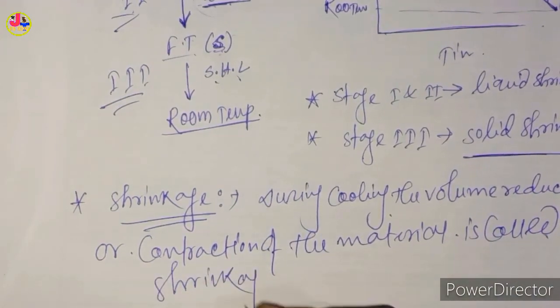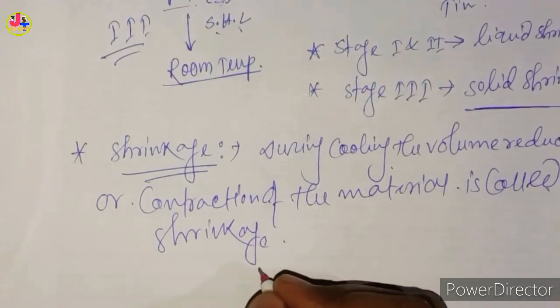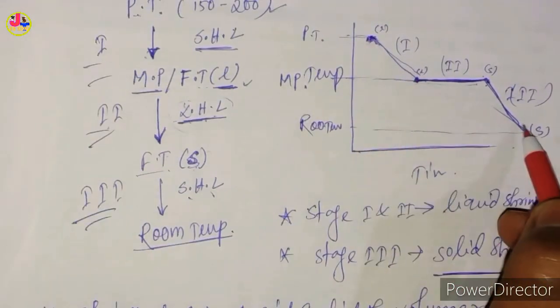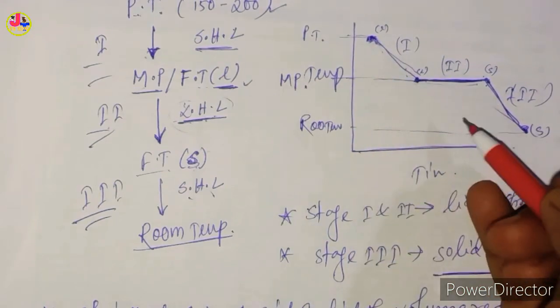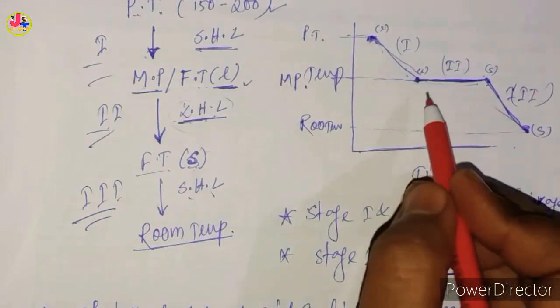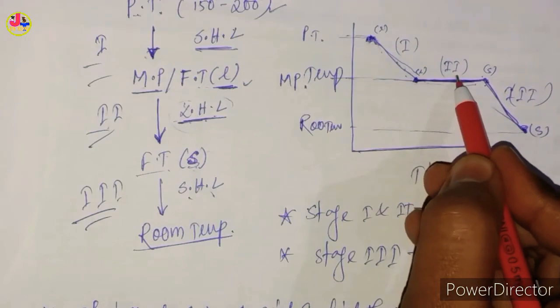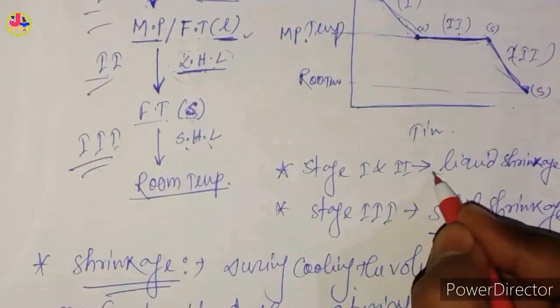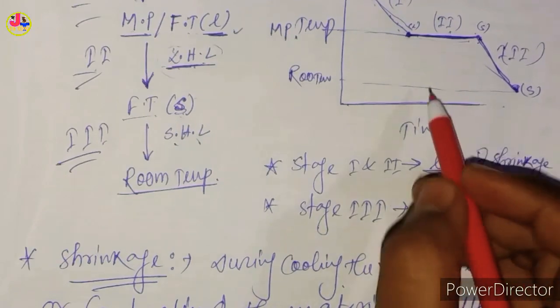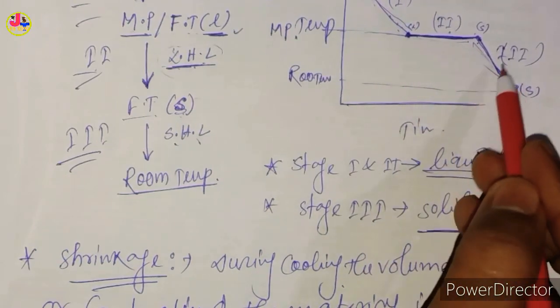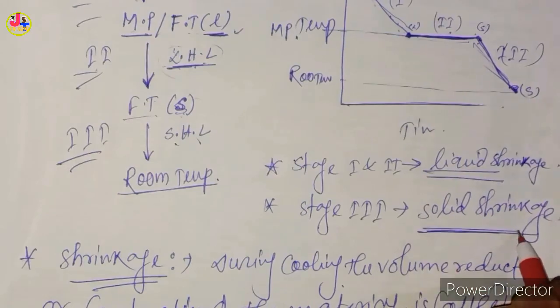So from the pouring temperature to room temperature, each and every stage has shrinkage. Stages 1 and 2 shrinkage is called liquid shrinkage, and stage 3 is called the solid shrinkage.